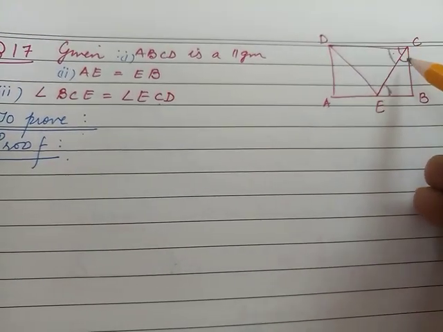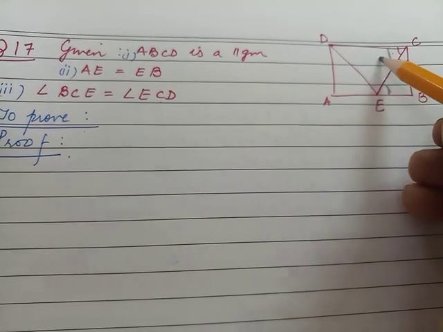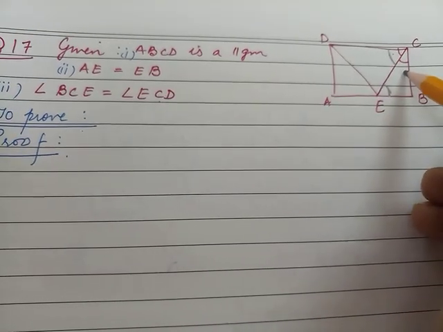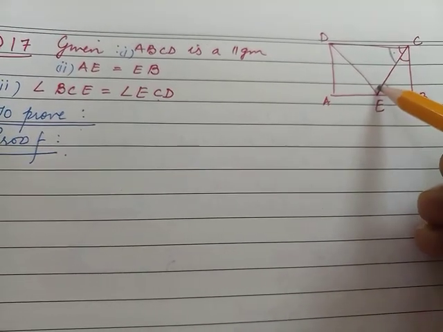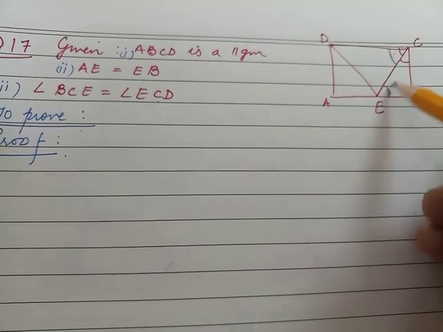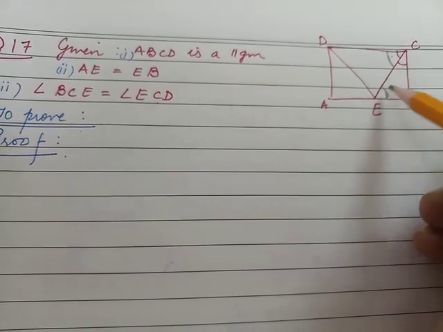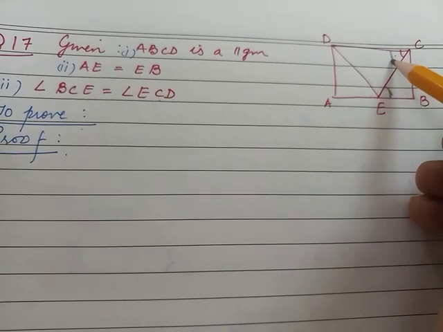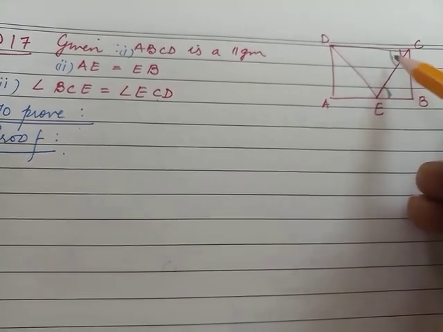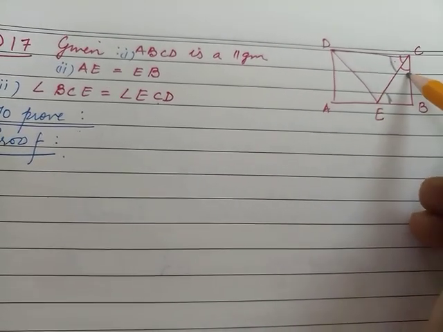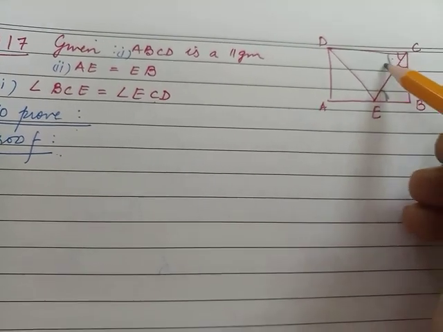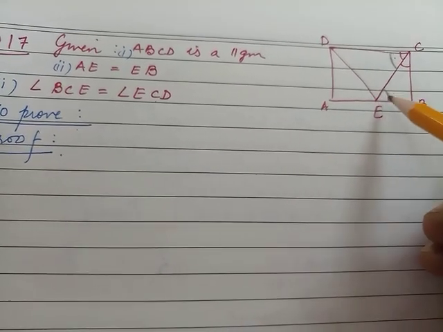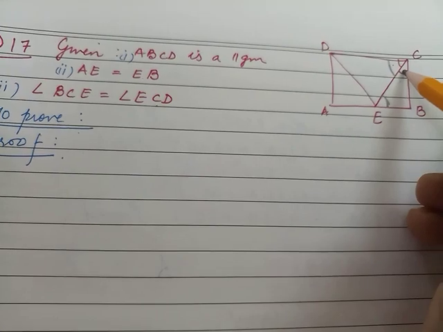But this angle is equal to this. Okay, these two angles are also equal because CE is the bisector. Therefore, these two angles become equal. This is equal to this, being an alternate interior angle. These two are equal because CE is the bisector. Therefore, these two angles become equal, that is angle E and angle C are equal.